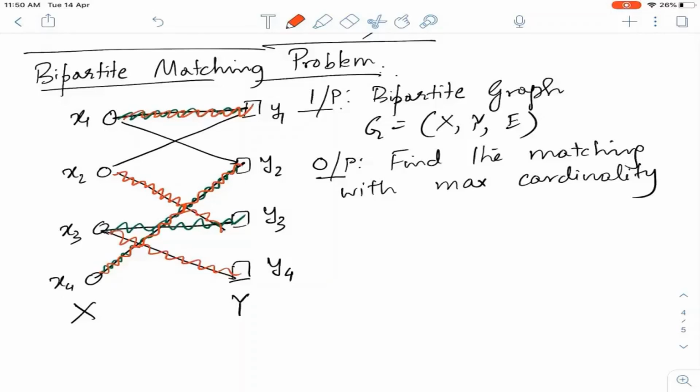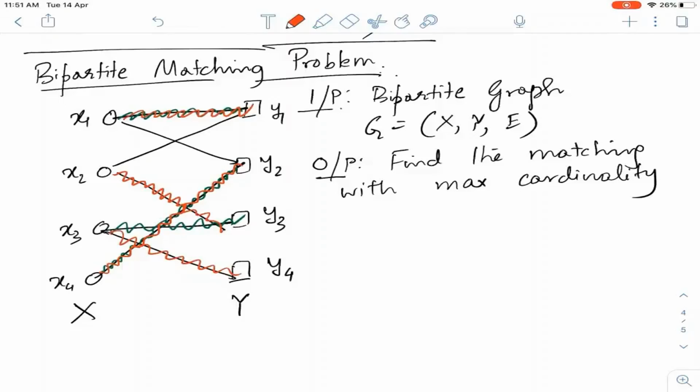This is a bit important to realize. So if you look at the matching that I previously had drawn, which is the edge x1, y1, x3, y3, and x4, y2, the green edges, then you could not have extended this matching by adding another edge to the set. Yeah, whichever edge you tried to add, you will end up violating the condition of a matching, right?